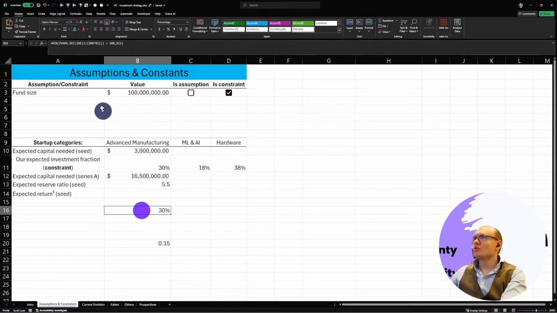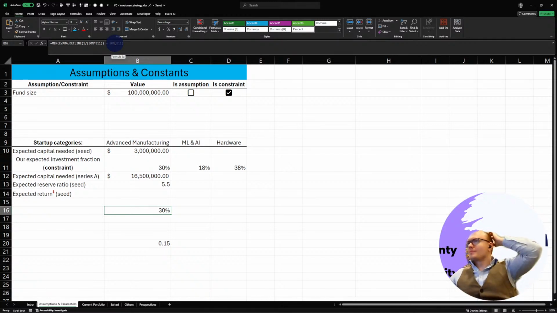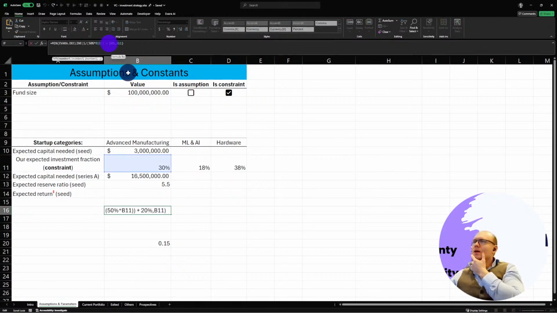Now, we can also see that, oh, interesting. Right, so it can't be more than that. And this says on expectation. So we take this by 50%.